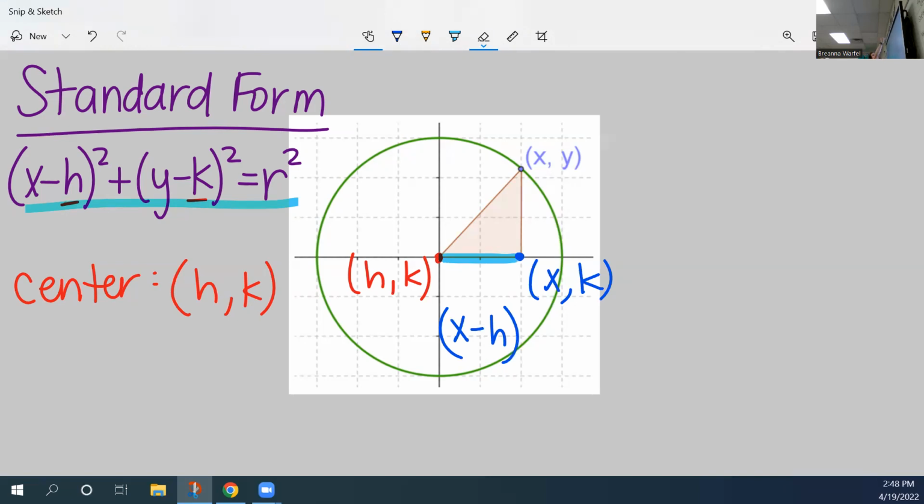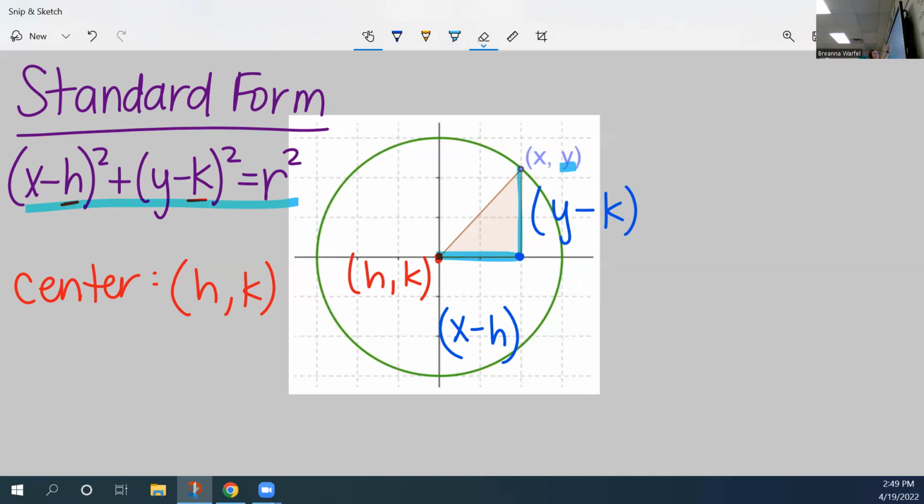Then if we're looking at this value, you want to take your y and subtract your k. So y minus k, because if you're trying to find the distance between 2 points, you don't want to add their values together. That's going to get a longer number. You want to find the difference between them. So now we have the two sides.